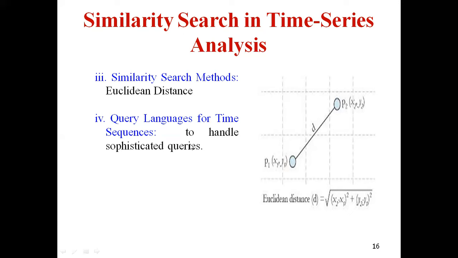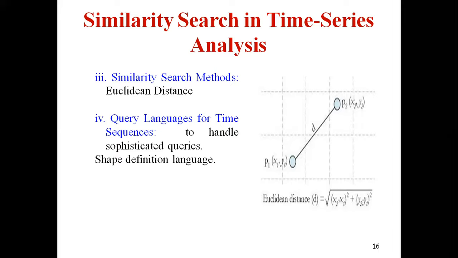And then the query language for time series to handle sophisticated queries, different queries, and the shape definition language. Here you are using some of the query languages to identify the similarity search. Similarity search means a query; for example, select star from EMP where salary greater than 5000.